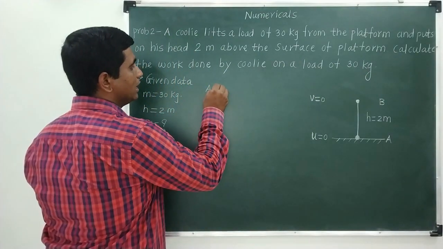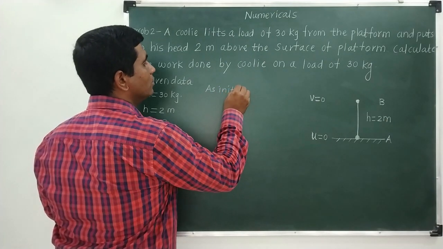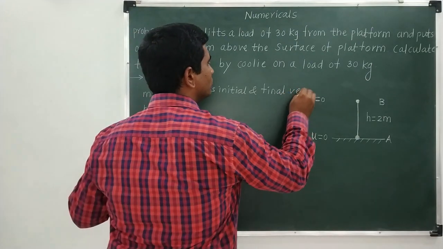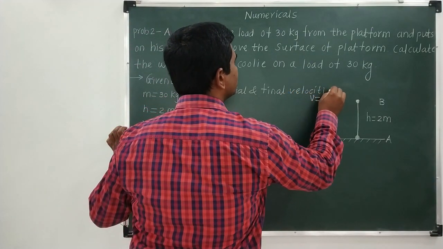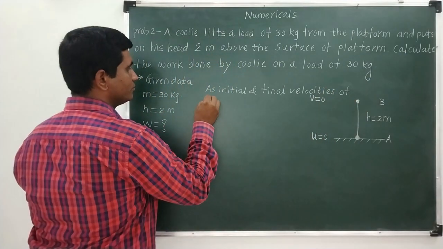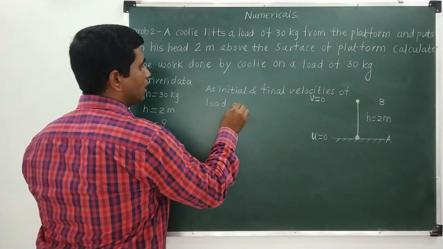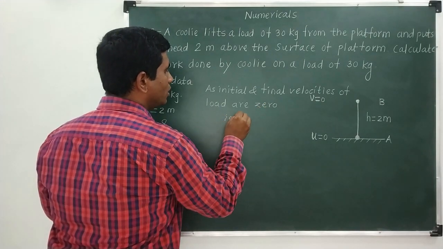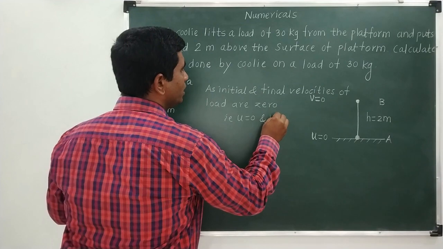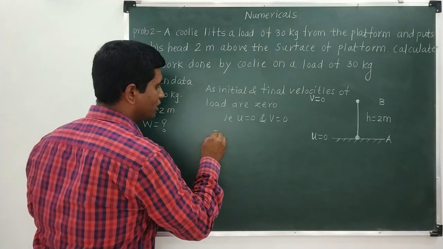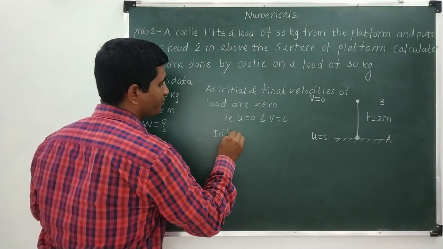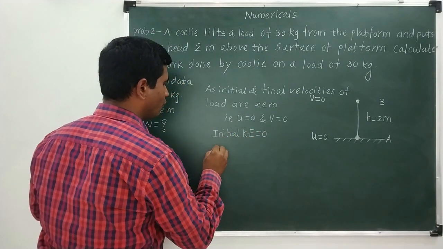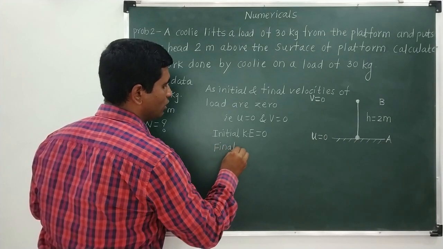As the initial and final velocities of the load are 0, that is u equal to 0 and v equal to 0, the initial kinetic energy is equal to 0 and the final kinetic energy is also equal to 0.